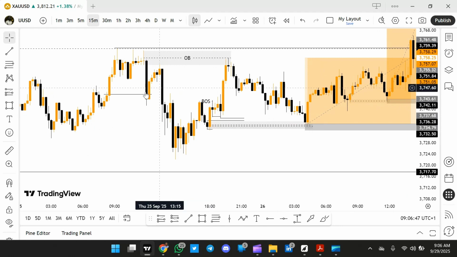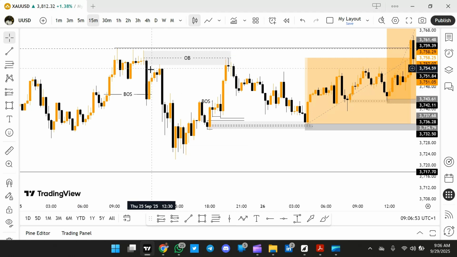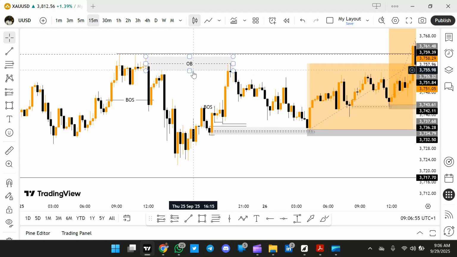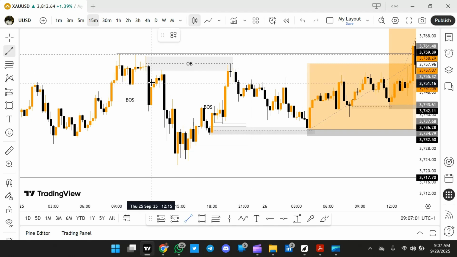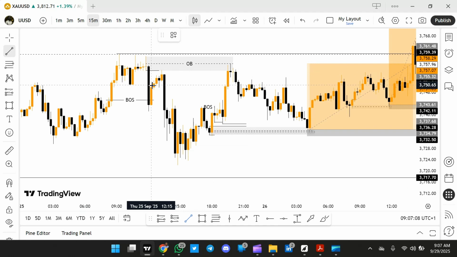What do you see happen? We have a break of structure to the downside, and then the fair value gap, the FVG. The fair value gap is the gap between the OB and the candlestick adjacent to it, from the weak high and then the adjacent candlestick.